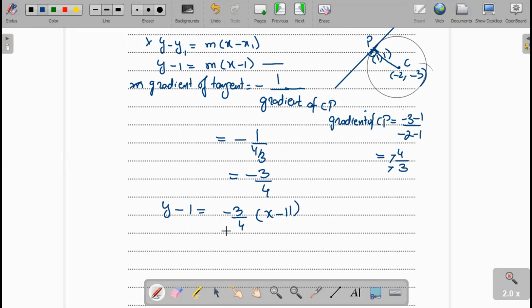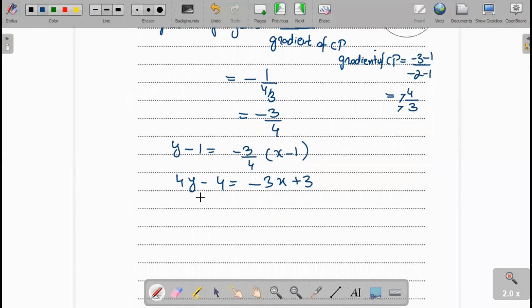Cross multiplying, 4y minus 4 equals minus 3x plus 3, so 4y plus 3x equals 3 plus 4, that is 7.